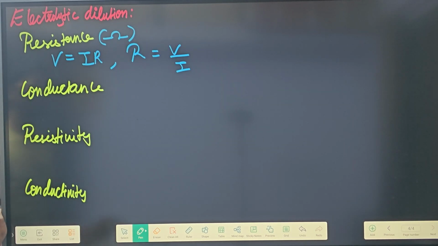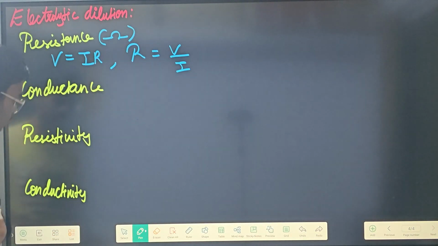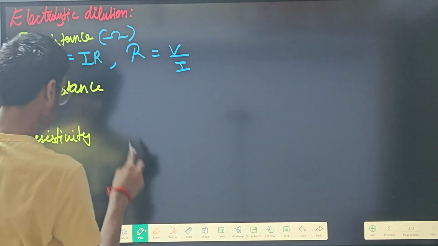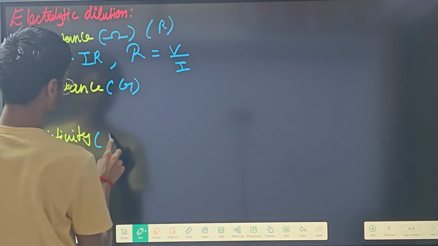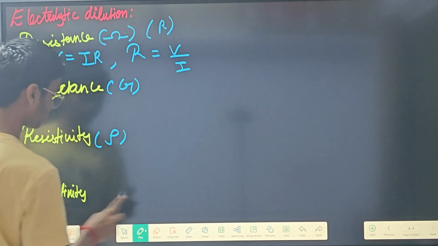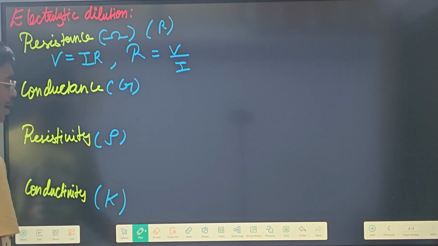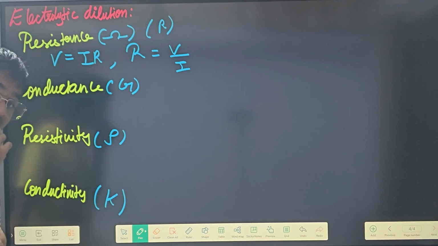Here conductance is represented as G. Here resistance is represented as R. Here resistivity is represented as rho. Here it is represented as K. I don't know why, but a lot of terms are represented by K only. Conductivity or specific conductivity is represented by K.